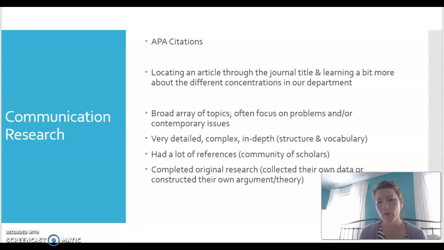And then lastly, people identified, much different than maybe the newspaper articles we might read on a regular basis, that in scholarly research, these authors actually did their own research. They collected their own data, they conducted their own survey, or they constructed their own argument or theory. That is a key point in academic research.